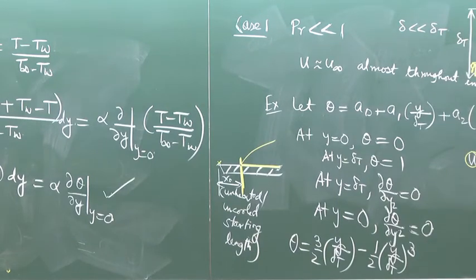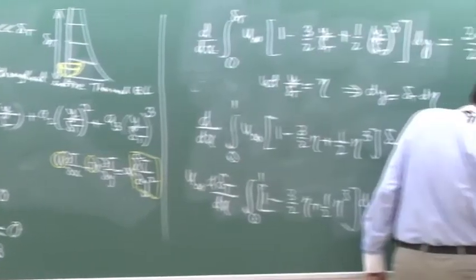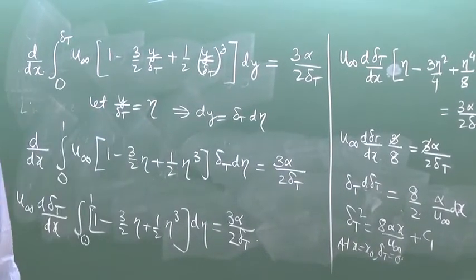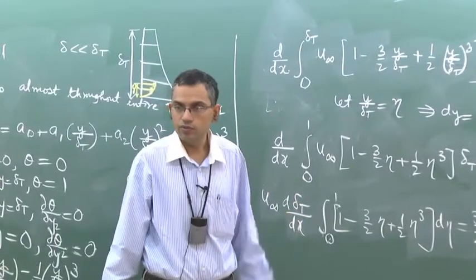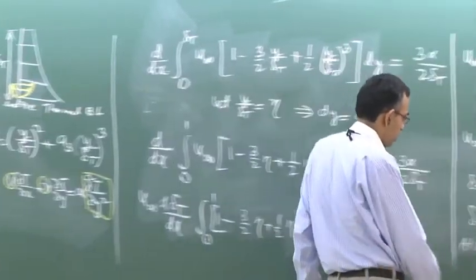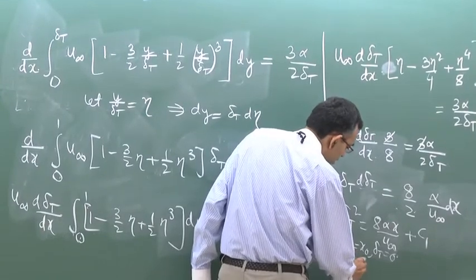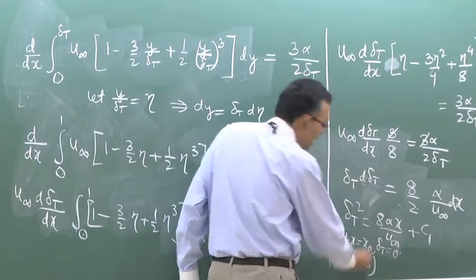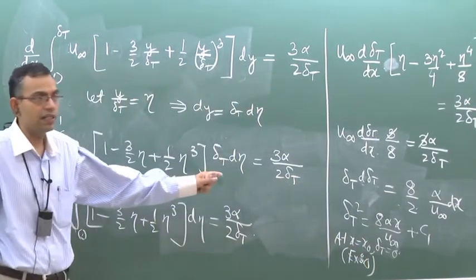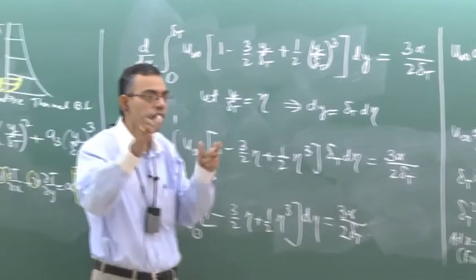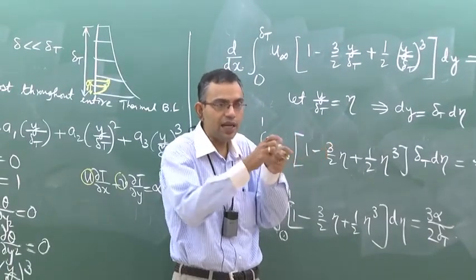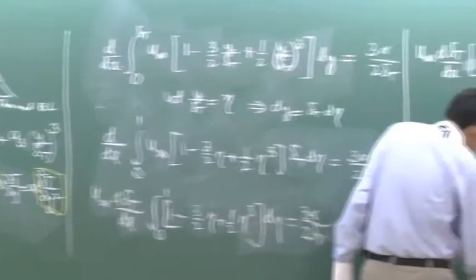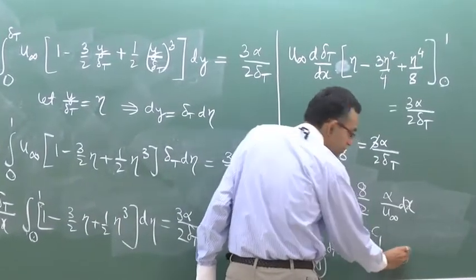So we can say that at x equal to x0, delta t equal to 0. As a special example, let us take x0 equal to 0. But this is a special example. Don't think that it is a generalization. x0 could be any value, but as a special case we are considering that the entire plate is heated or cooled. So that means you will get C1 equal to 0.